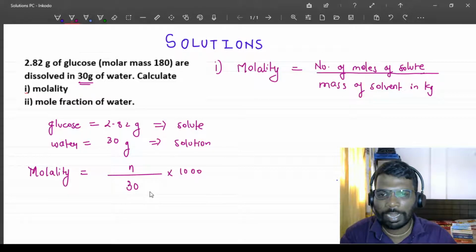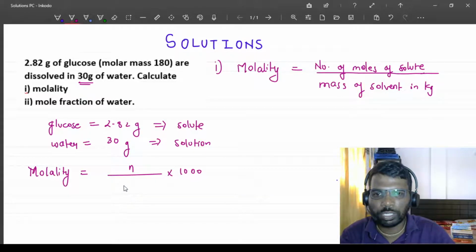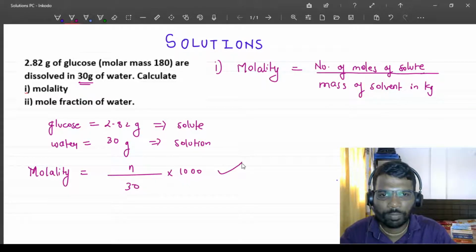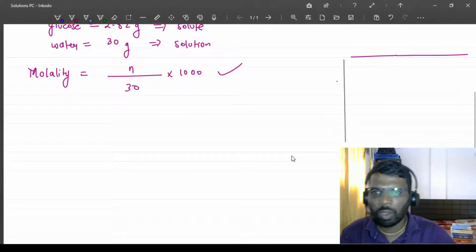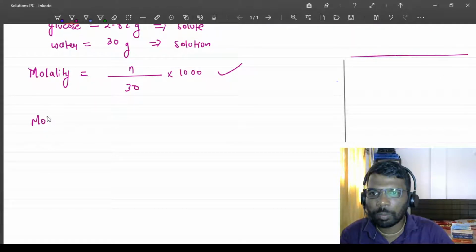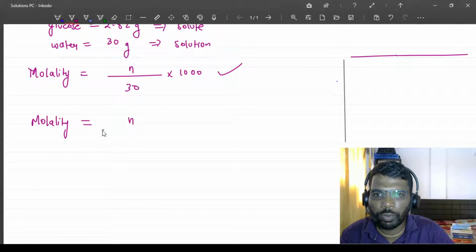I'll show you separately. You can write it this way in this example, or you can write molality is equal to number of moles of solute upon 30.